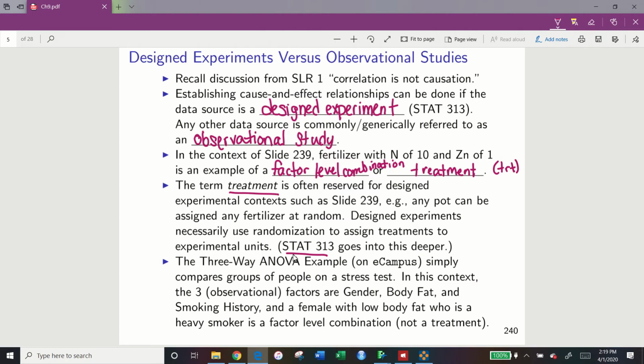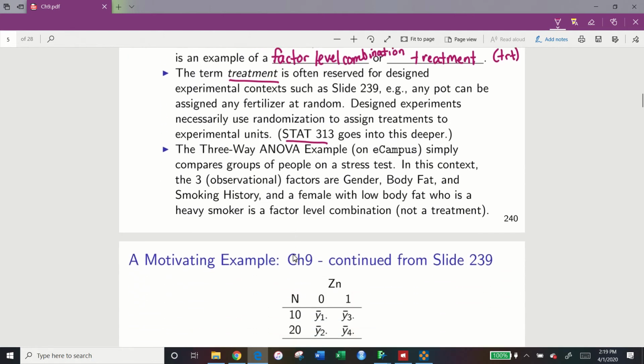In this context, the three observational factors are gender, body fat, and smoking history. So a female with low body fat who is a heavy smoker is going to be a factor level combination, not a treatment. Treatment is something that we have control over and that we've designed in our experiment. Things that we just see the way things are, that's going to be an observation. And so we'll call those factor level combinations.